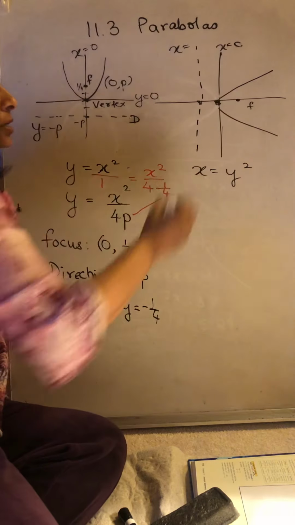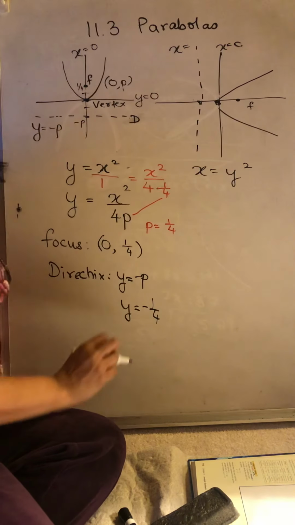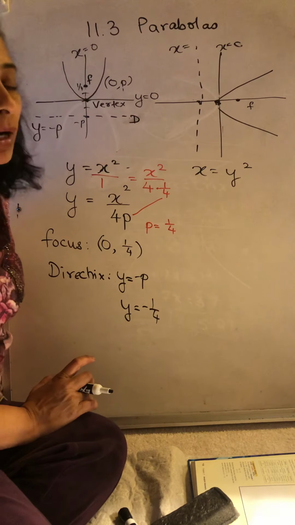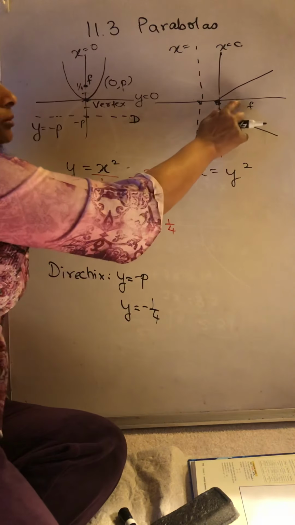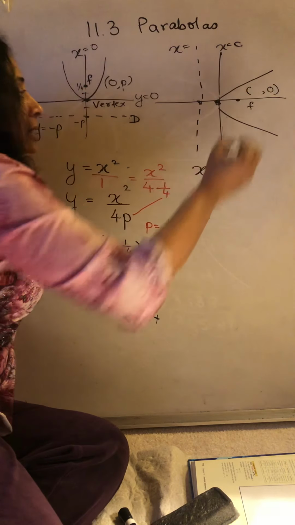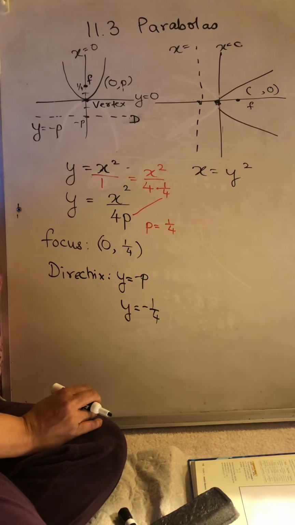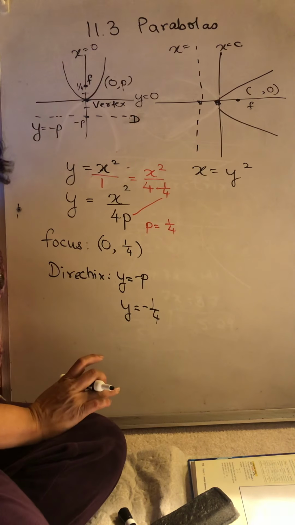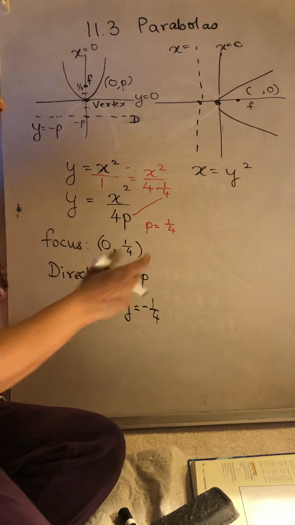This is the focus. It lies on the x-axis. On the x-axis y is 0. So no matter what point I take, the y coordinate will be 0. So it's (something, 0). Okay? And what is this and this? Thankfully, it's just the same thing.